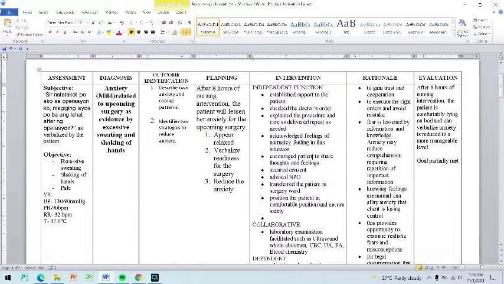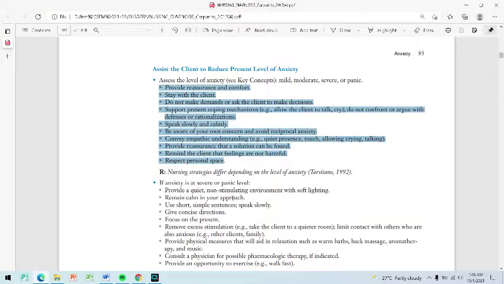So if you look at the following, I think there is no nursing management for anxiety. So to make this appropriate for the case, you could select, for example, stay with the client.